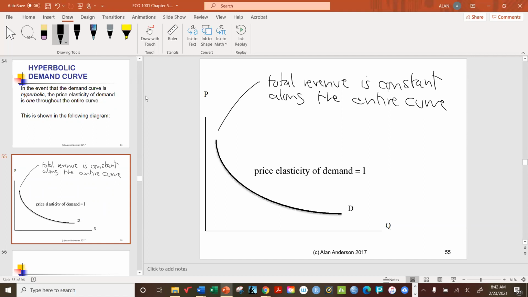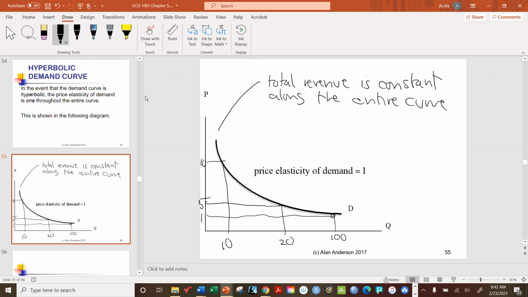So let's say, for example, at a price of 10, people buy 10 units. If the price is 5, people will buy 20 units. And you can see in both cases, the revenues are $100. If the price was lowered to 1, then people would buy 100 units. Okay, so you see what I mean?